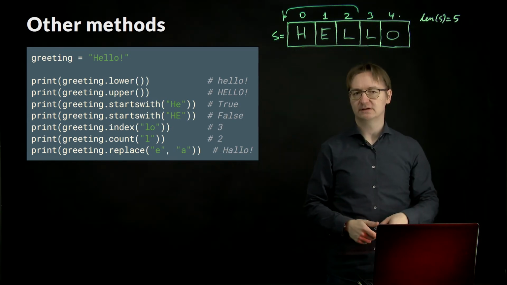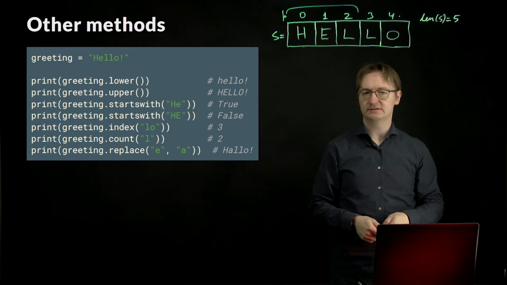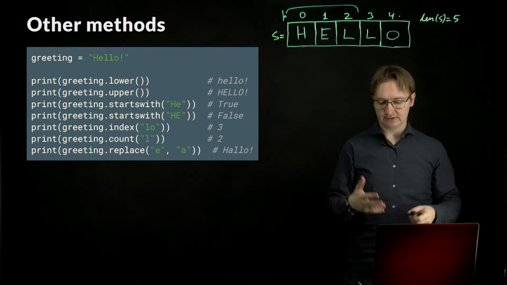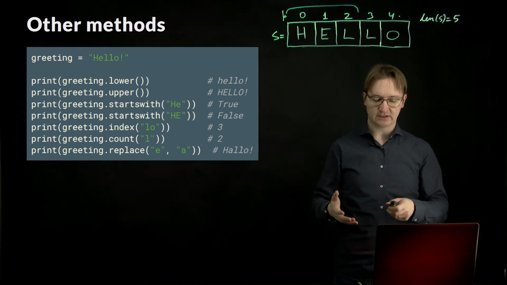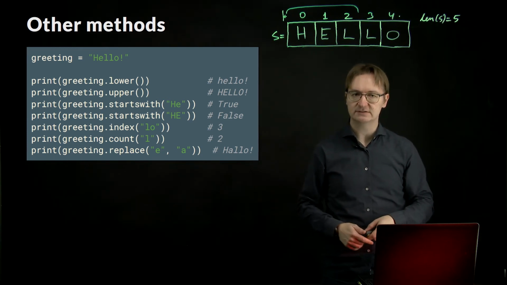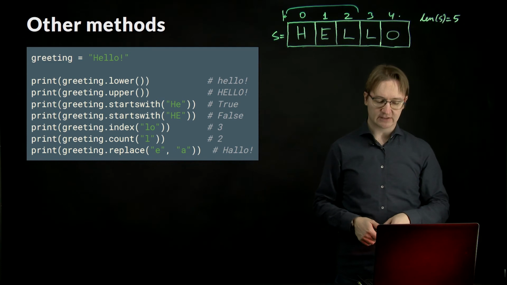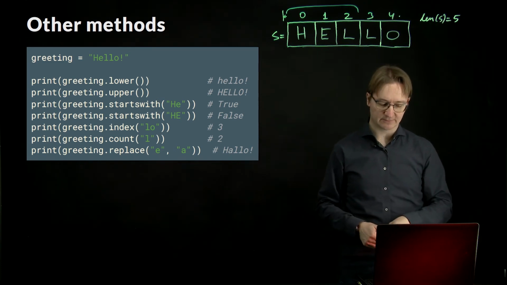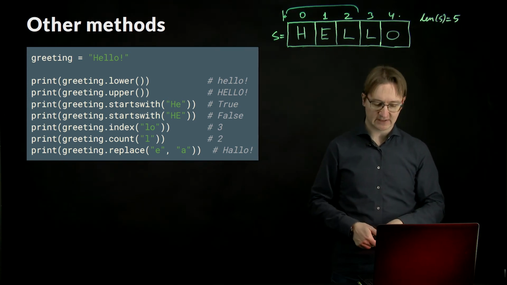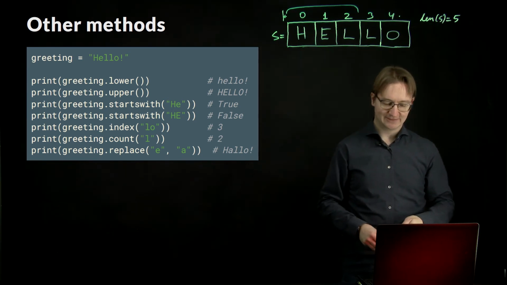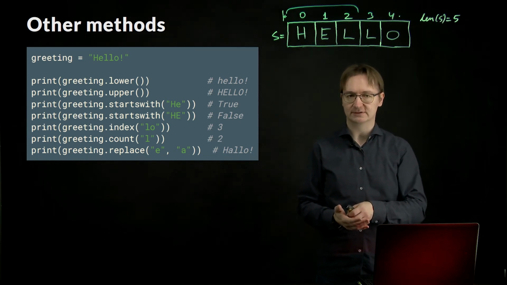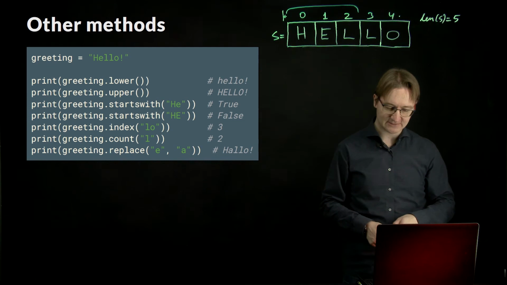Besides slicing, there are, of course, other operations you can do with strings. So here are some examples. You can take the string and have it all in lowercase or in uppercase. You can see whether it starts with a certain substring, for example, whether the greeting starts with he, and it also takes into account whether it's upper or lowercase.